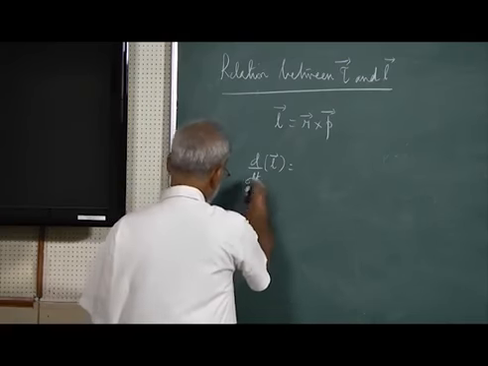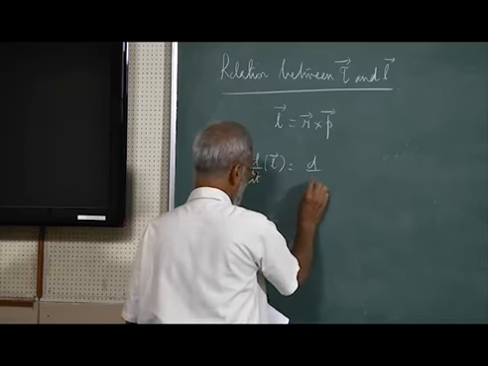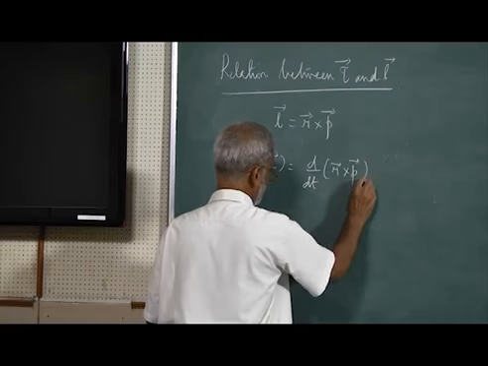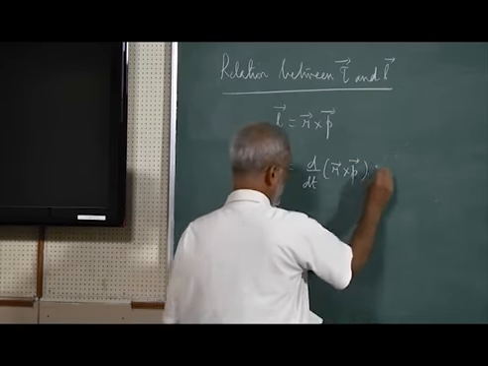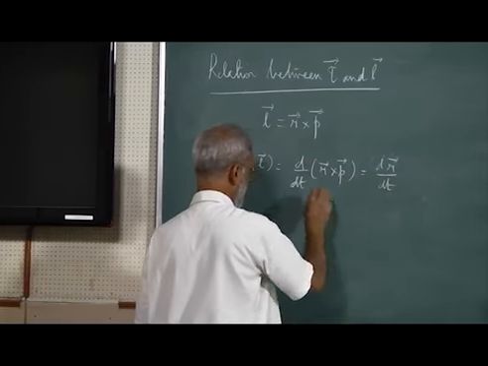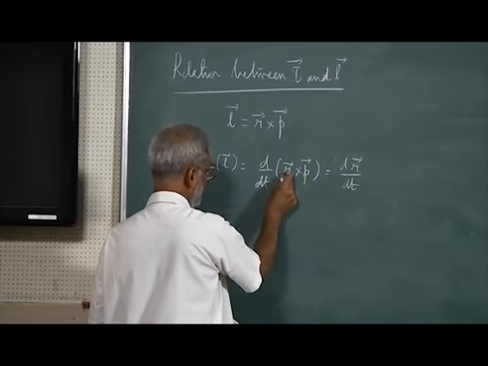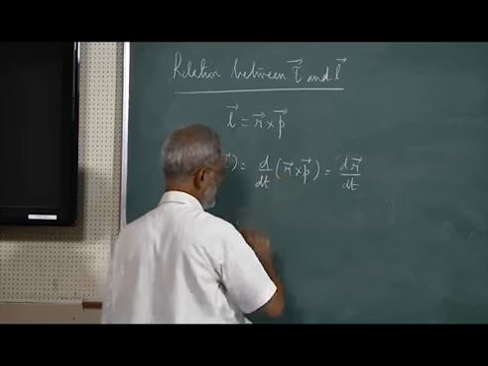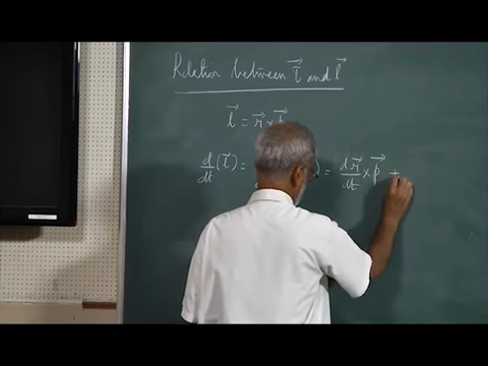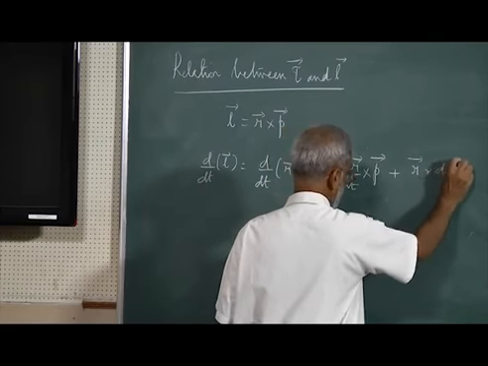Therefore, there is meaning in talking about d by dt of L. This is d by dt of r cross p, which is equal to dr by dt cross p, keeping this constant and differentiating this, plus r cross dp by dt.